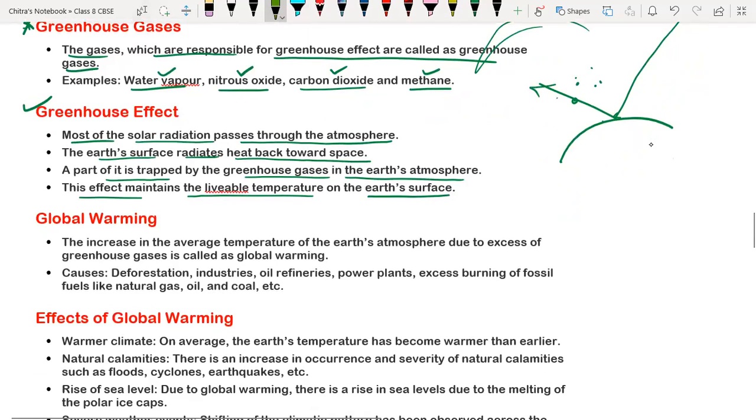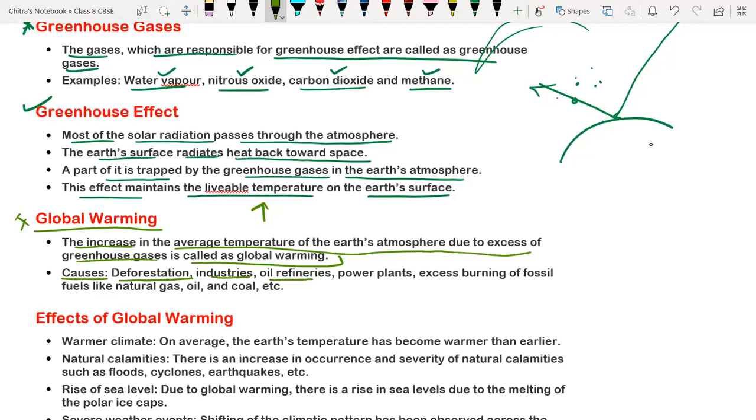Now we have to understand what global warming is. The increase in the average temperature of the earth's atmosphere due to excess greenhouse gases present in the atmosphere is called global warming. What are the causes of global warming? First is deforestation, because if there is deforestation, the carbon dioxide level will increase.